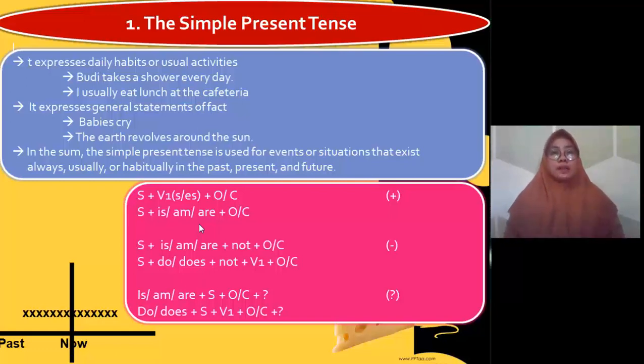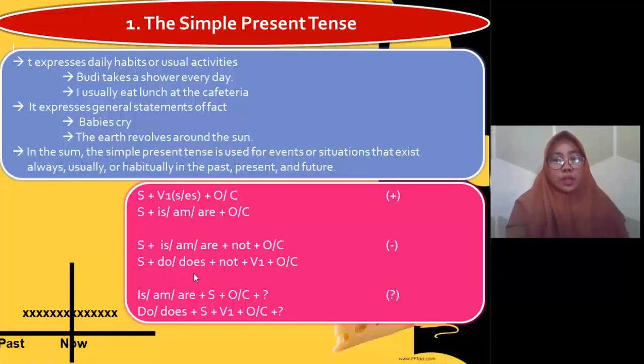That's the point. If your sentence is negative, you just put not after to be if there is no verb. But if your sentence has a verb, you put not, and before that you put do or does. Do is for the subjects I, you, we, they, and does is for she, he, it.